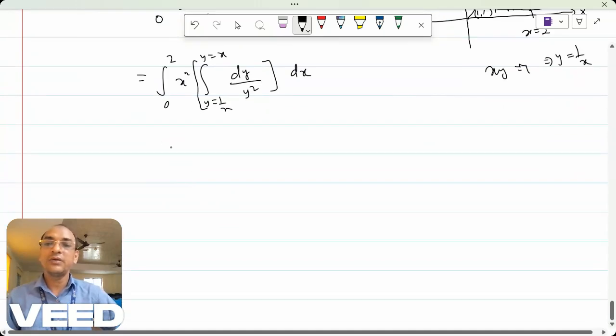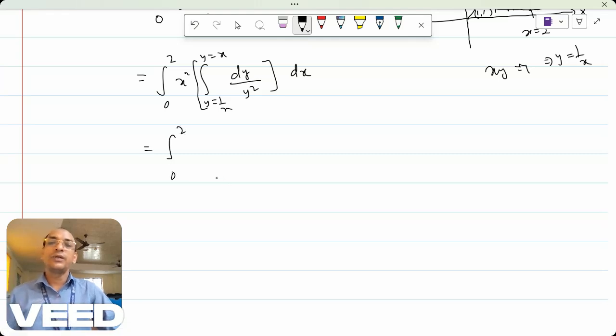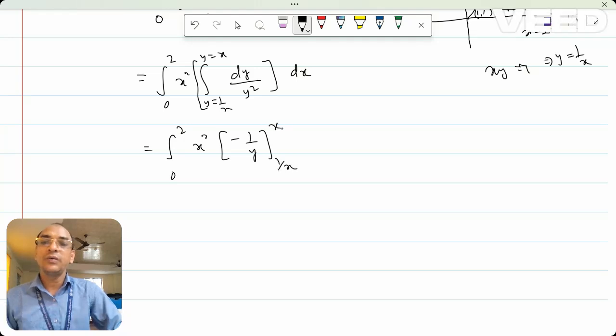Now in the previous problem I did how to integrate 1 by y square or 1 by x square. So this integration will give you x square as it is. Integration of this one will be minus 1 by y, and the limit is 1 by x to x, dx.